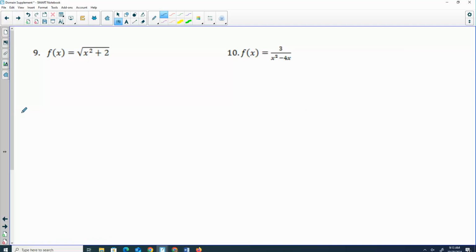Look at this one. I have a square root, so the thing under my radical has to be greater than or equal to 0. What are your thoughts here?